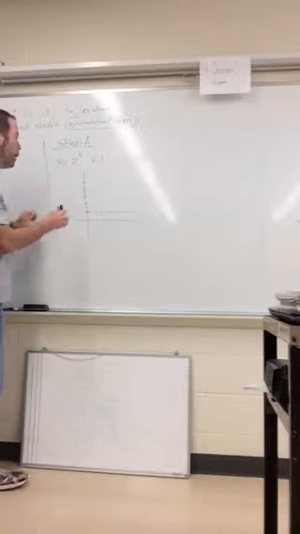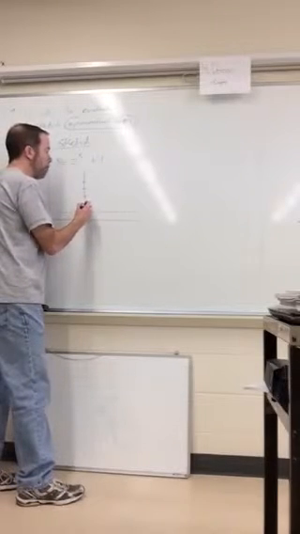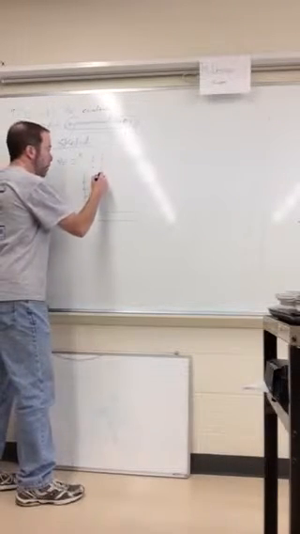So we're going to go 1 above the asymptote and draw in our shape.